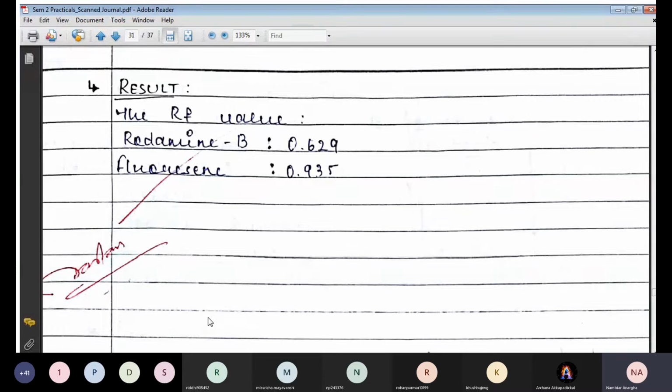Okay, so it has no affinity in the mobile phase, you want to say that? No, ma'am. Relative to fluorescein. Okay, so what kind of affinity is there between fluorescein and the stationary phase?